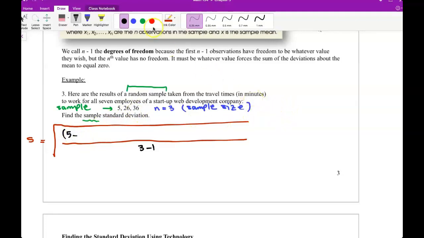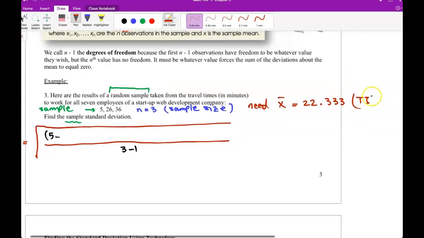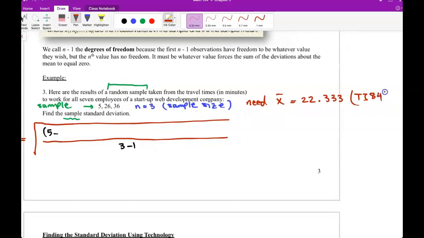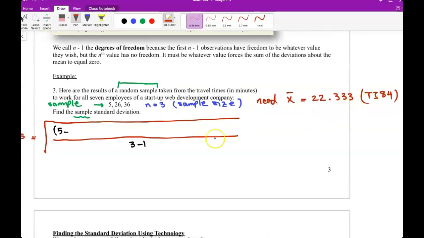Okay, first we need to know what the mean is. We need X bar. Using calculator, we got 22.333. This is using TI-84. Exactly the same steps as before.